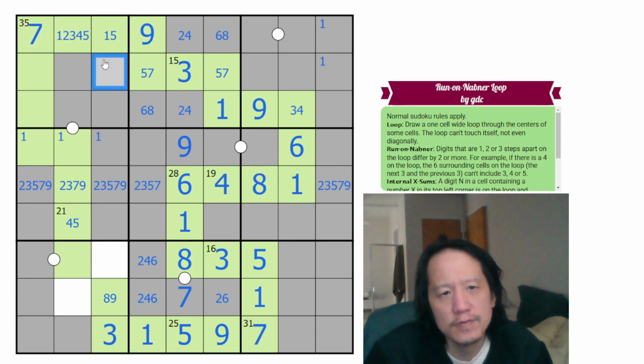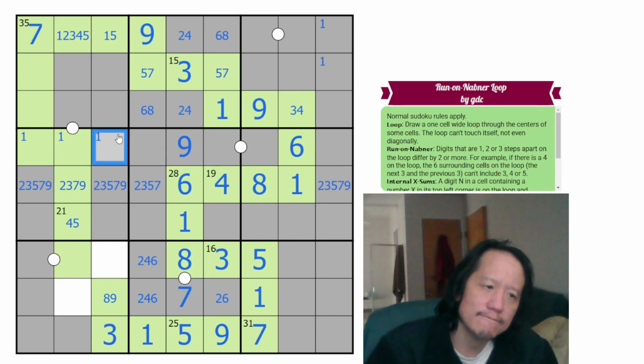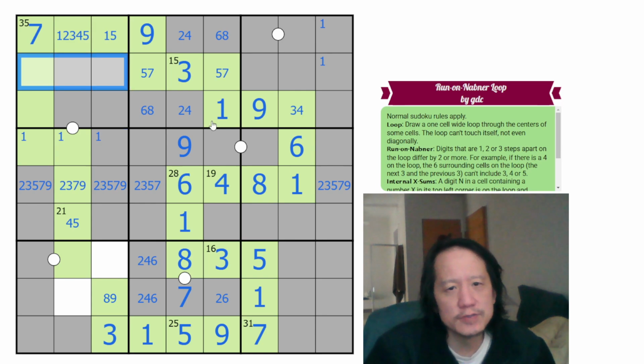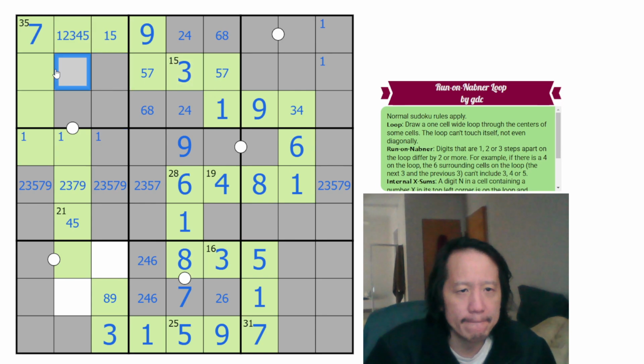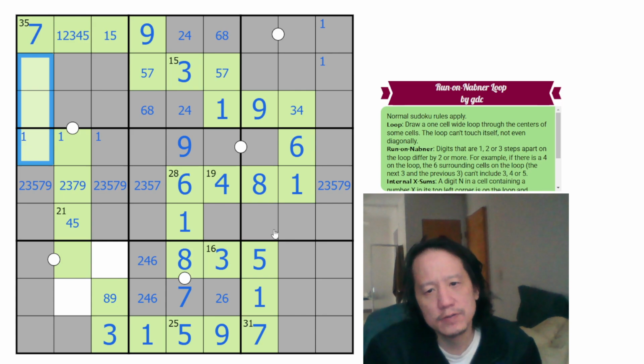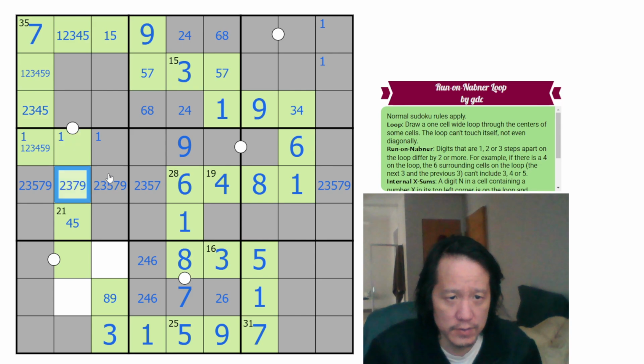Okay. 9 has to be one of these 3 cells. These can't be 6 or 8 or 7. But it could be 1, 2, 3, 4, 5, no, 6, 7, or 8. It could be 9. So this can't be 1 or 9 here specifically.